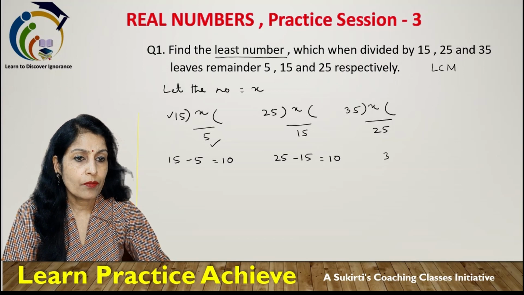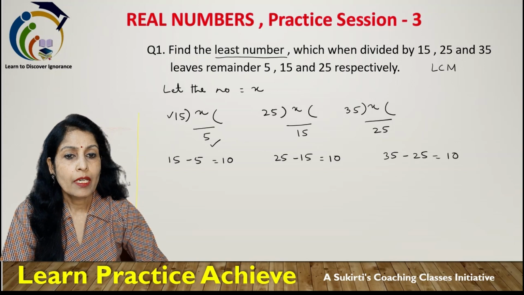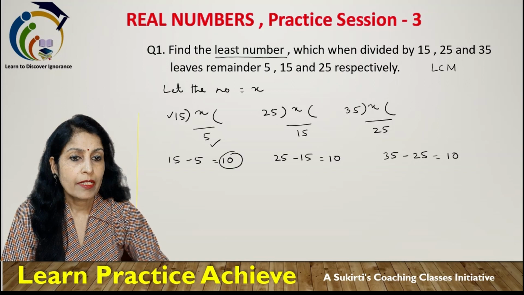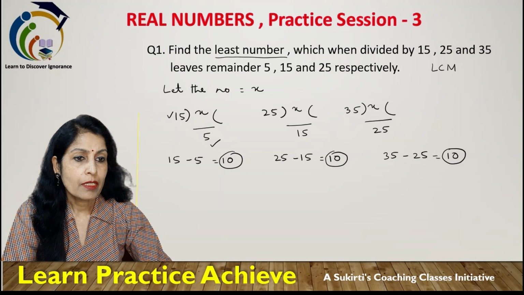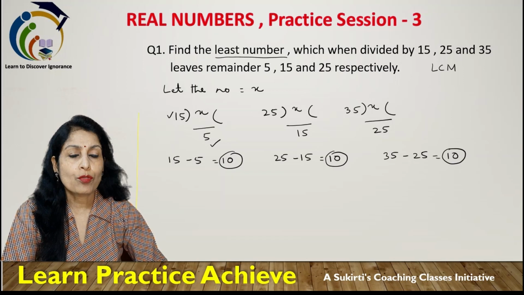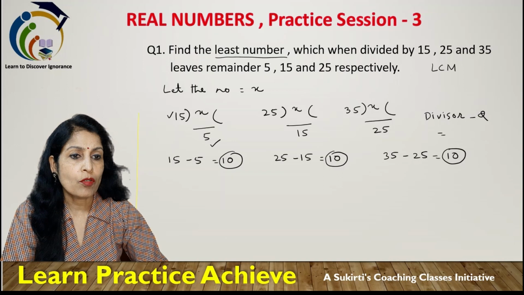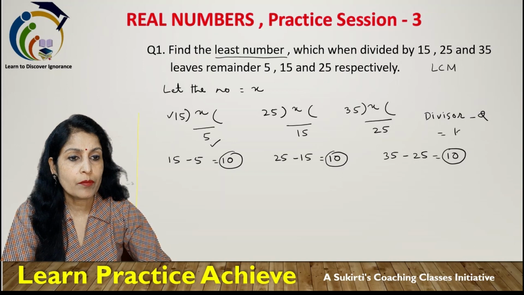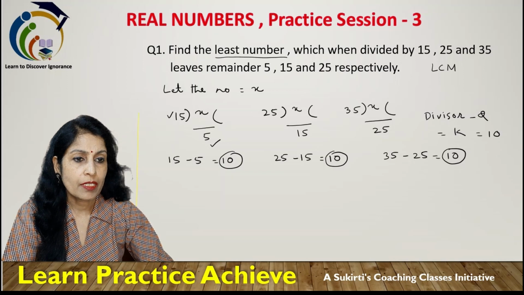And 35 minus 25, again you get 10. Means in all these cases 10 is a constant. Divisor minus remainder is always a constant. Let it be k. So here k is equal to 10.